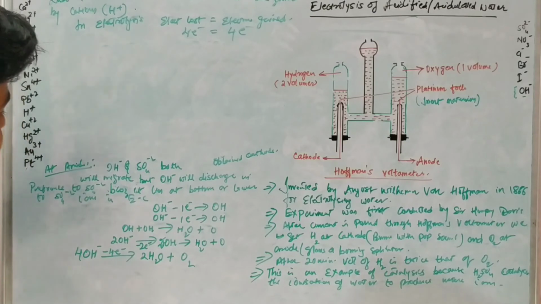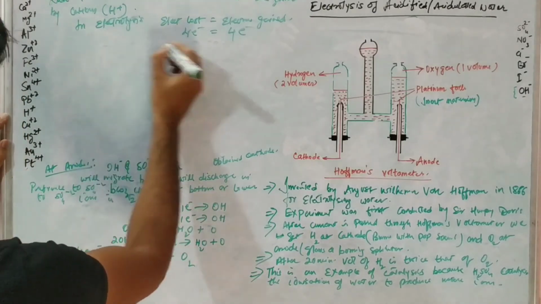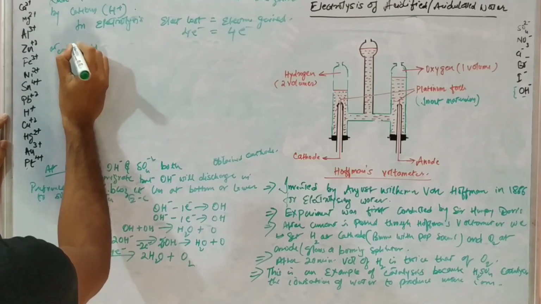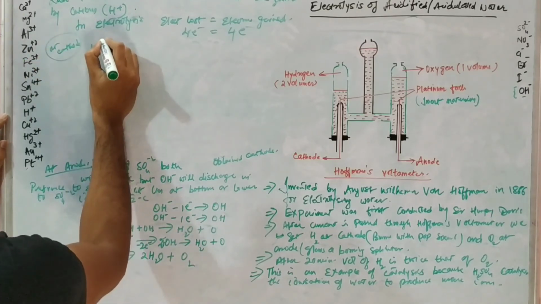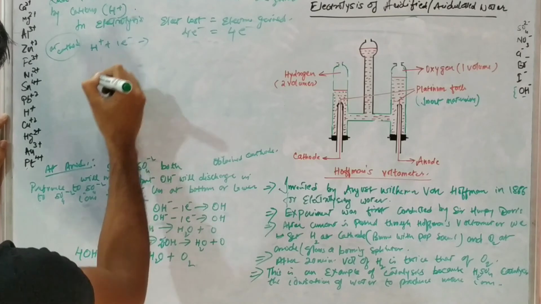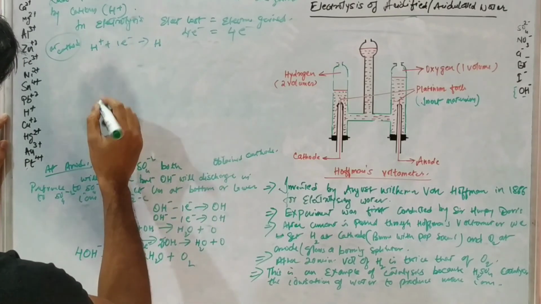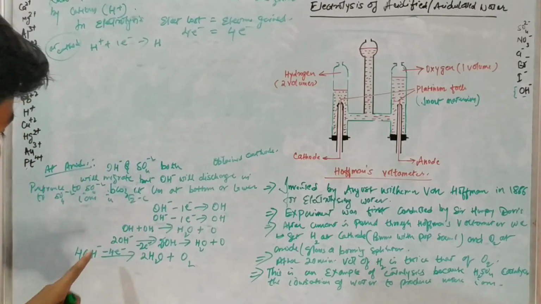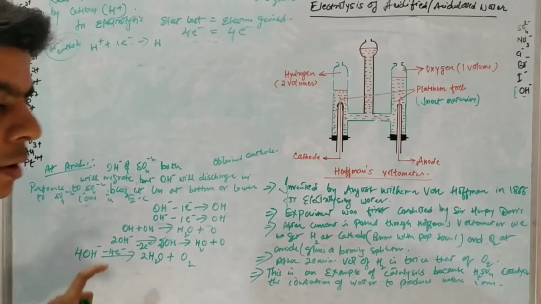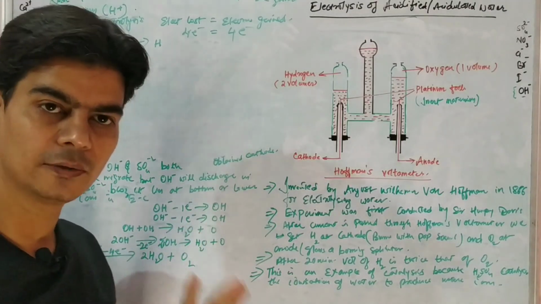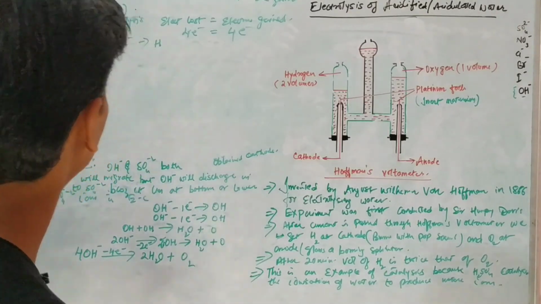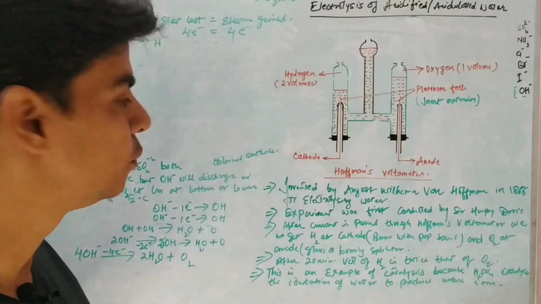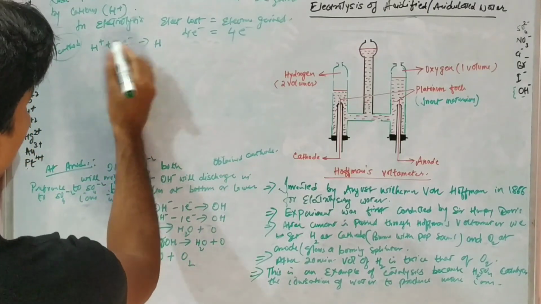The reaction that occurred at the cathode was, hydrogen ion gained 1 electron to form a hydrogen atom, right? So these electrons that are lost at the anode would be gained by 4 hydrogen ions to form hydrogen gas, right?